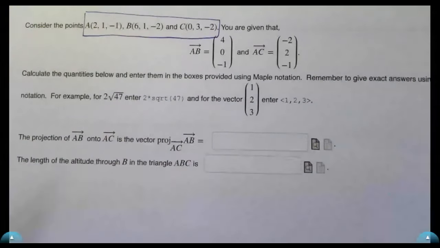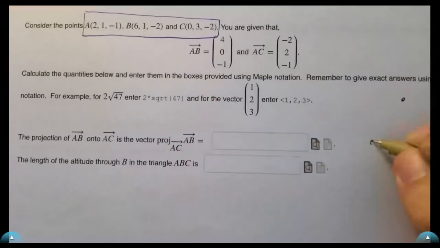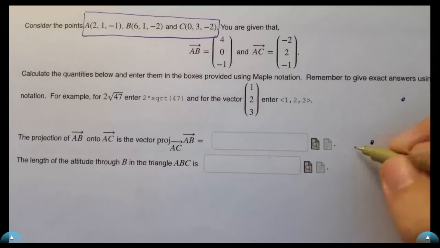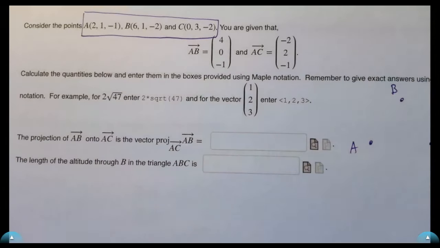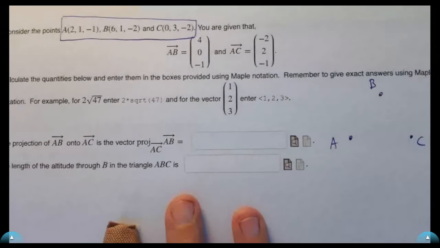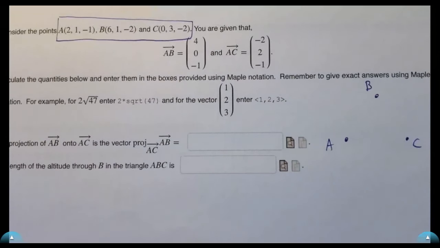Calculate the quantities below: the projection of AB onto AC, and the length of the altitude through B in the triangle ABC. So let's draw a basic triangle here. Okay, so you know me, I like drawing pictures when I can. And let's join them.